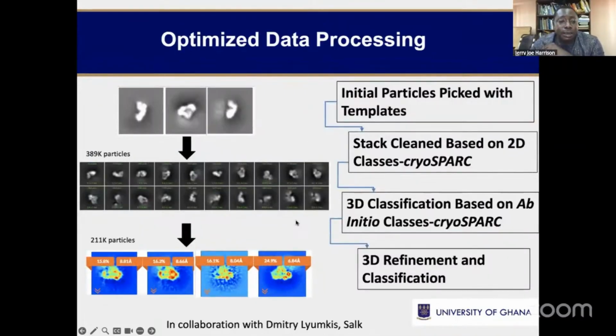This was an iterative process where you pick particles, do a classification, and then eventually we created templates from there, and I used the templates to pick more particles and redid the classifications to make sure that in the end we have high quality particles that we could use for 3D refinement and classification.